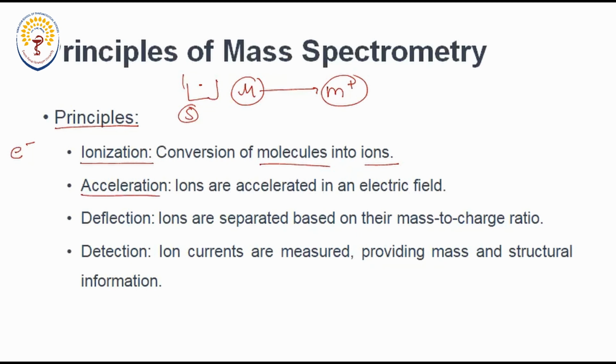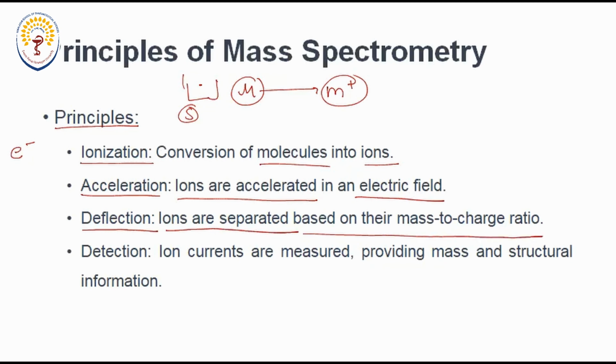Now the second method is acceleration. In this method the ions are accelerated in an electric field. Then these ions are passed through the magnetic field, and as you know, moving charges also produce a magnetic field. The magnetic field will deflect these ions and separate them on the basis of their mass to charge ratio.